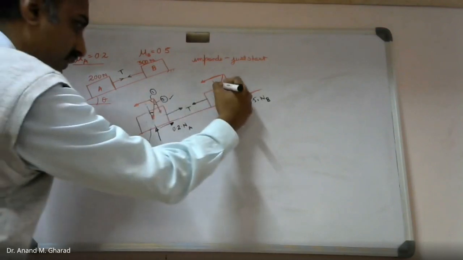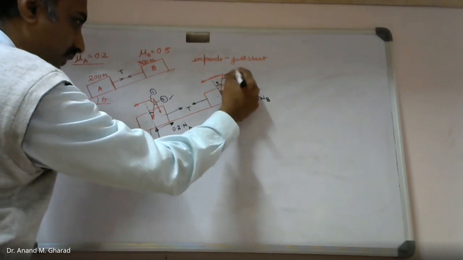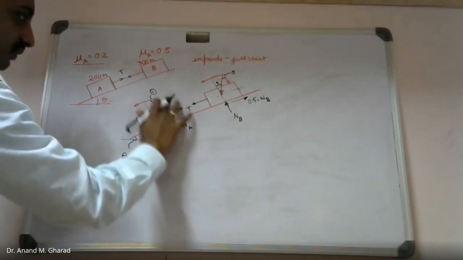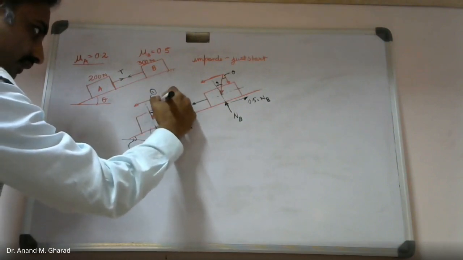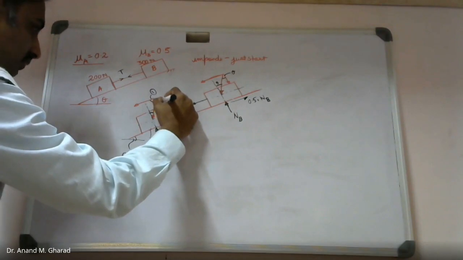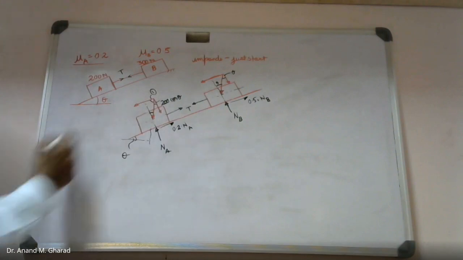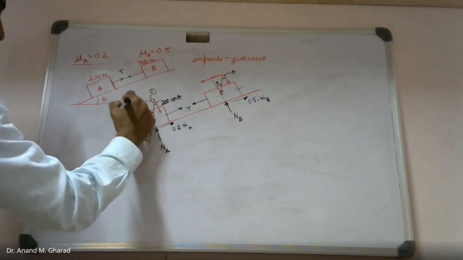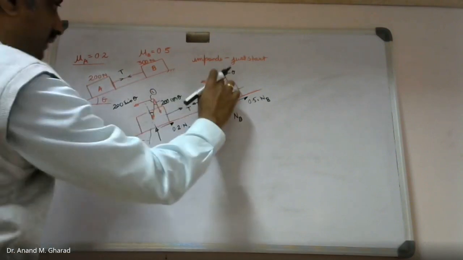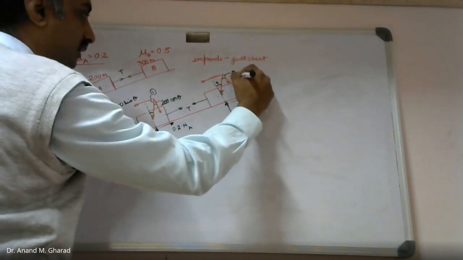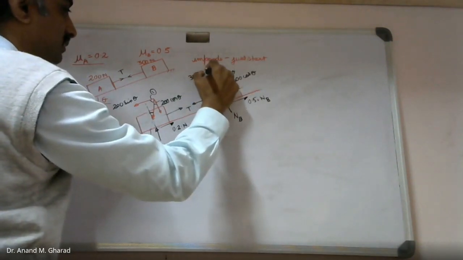Similarly, over here this one will be theta, so these are alternate angles. Got it? So if this is theta, this component will be 200 cos theta, am I right? And similarly this will be 200 sine theta. Likewise, this will be 300 cos theta, and this will be 300 sine theta.